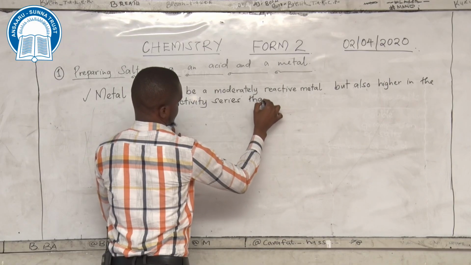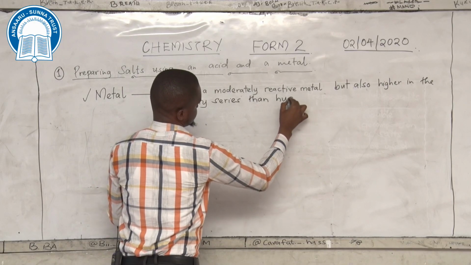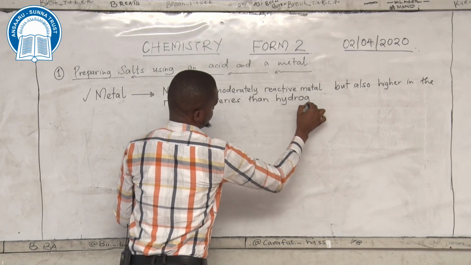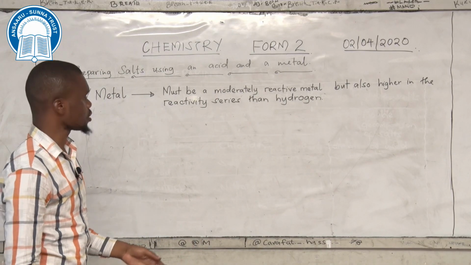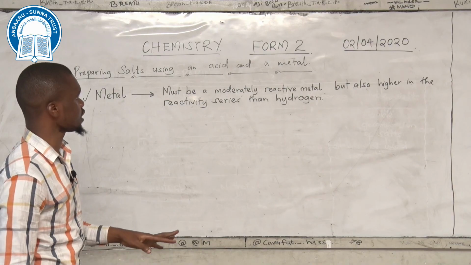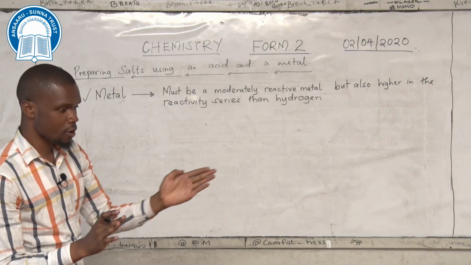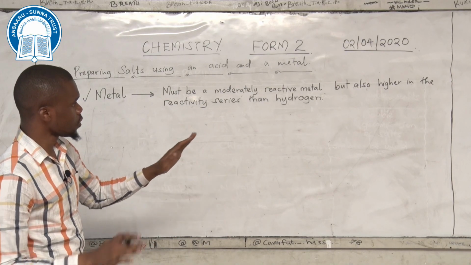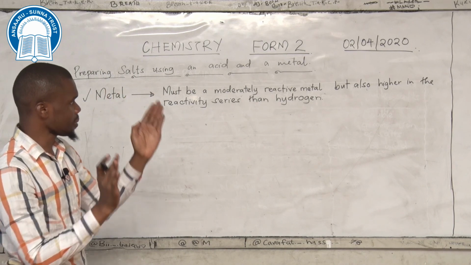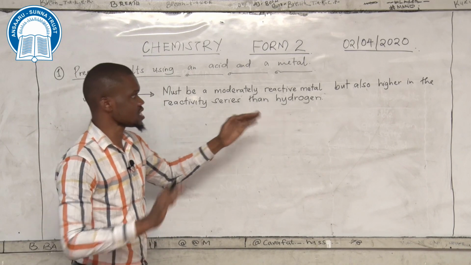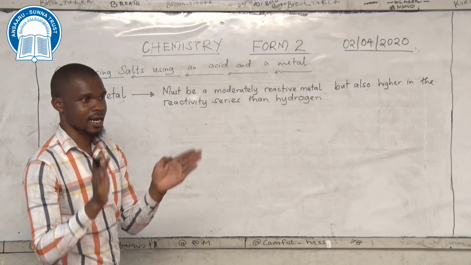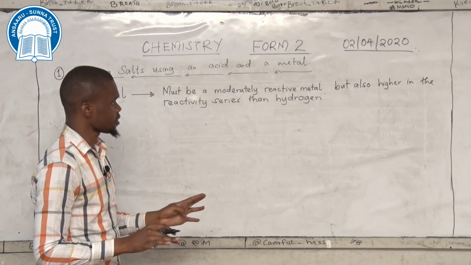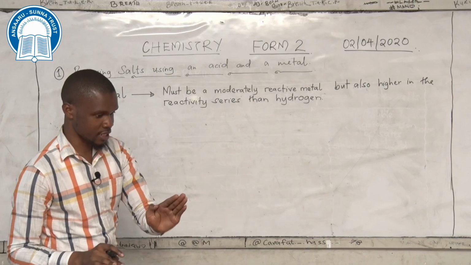than hydrogen. You may be wondering why. Yesterday when we were defining a salt, the first definition we used, we said a salt is an ionic compound formed when the hydrogen of an acid is displaced by a metal or an ammonium ion. That means the hydrogen has to be displaced.